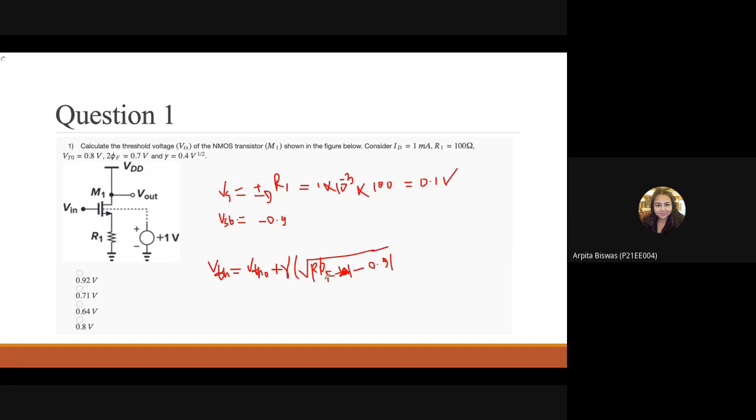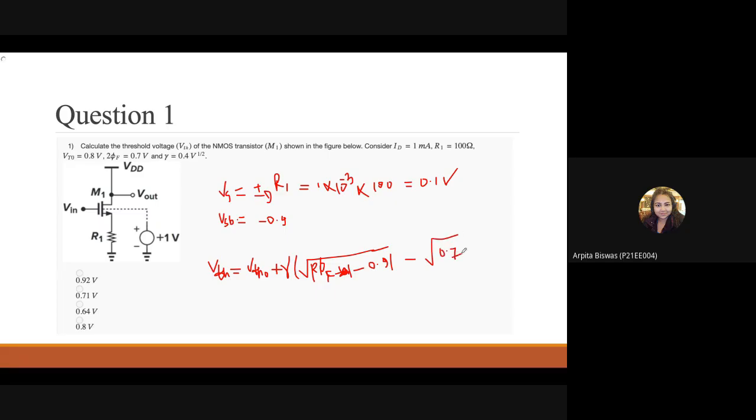Just because twice of phi f is equal to 0.7, then minus 0.9, so this value is negative. That's why I have taken the mod. Then VTH equal to VTH0 plus gamma into root over mod of twice of phi f minus 0.9, minus root over twice of phi f, which is 0.7.